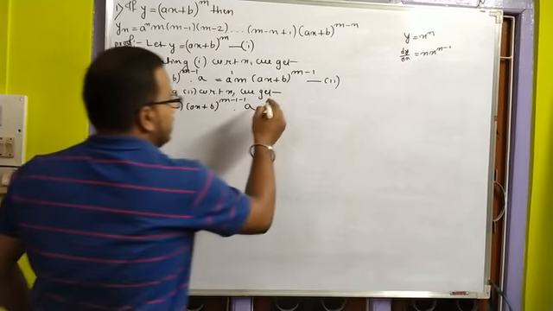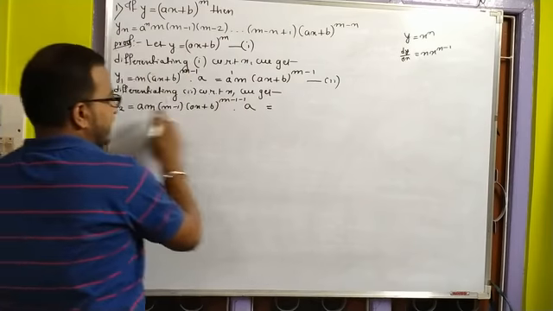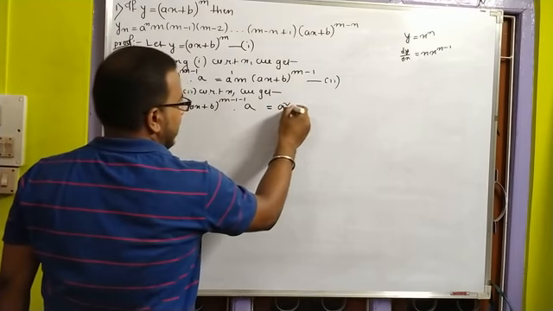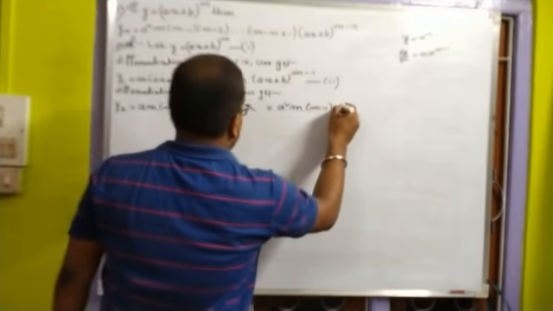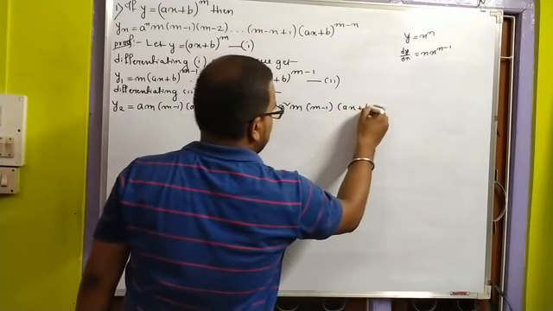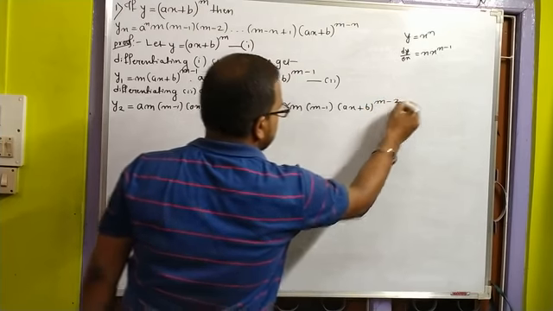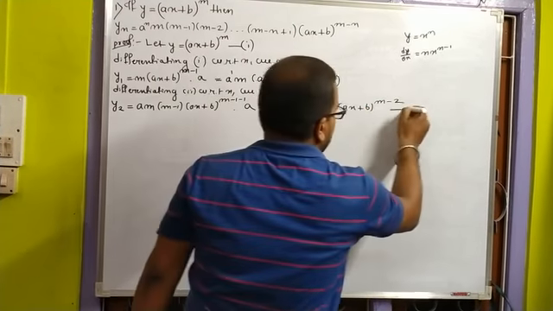So now if we manipulate it, a into a, you will get a square. Then m is there, then m minus 1 is there. Then it will be ax plus b whole thing to the power m minus 2. You can give it number 3.